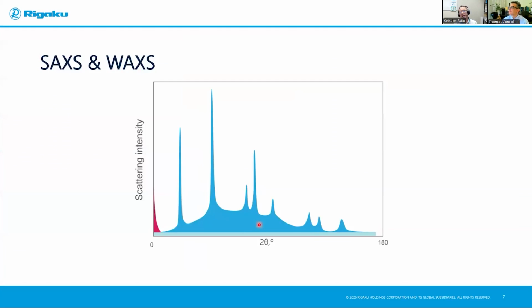First, let me discuss what SAXS and WAXS are. In SAXS, we measure very low angle scattering information in this red area, so what we see is nanoparticle shape, size, and distribution. While for WAXS, we move to the higher scattering angle, and as you may know from the X-ray diffraction webinars, we determine the crystal structures from the WAXS information.